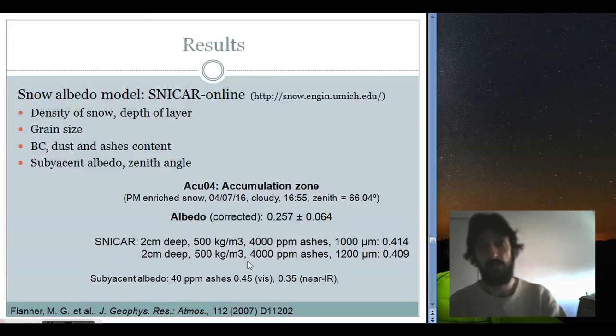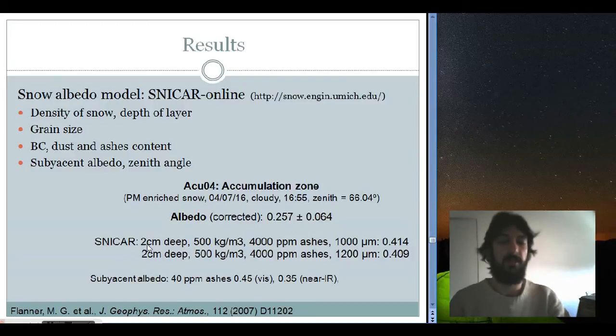So we need to measure in situ the depth of the layer very precisely, which is not easy because there is a large horizontal heterogeneity of the depth of this PM-enriched layer.